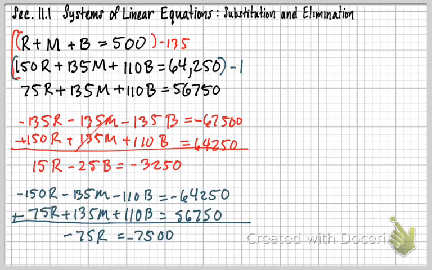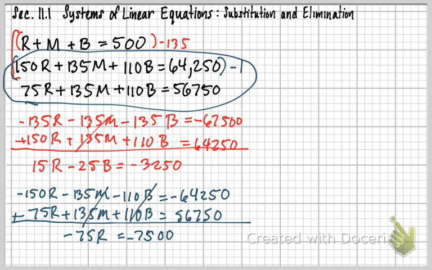What was nice when I took the second two here, it got rid of the M's and the B's. So that just left us with negative 75R equals negative 7,500, which then R is going to equal 100. So the nice thing about that is I can just back substitute from there. I don't have to add again.